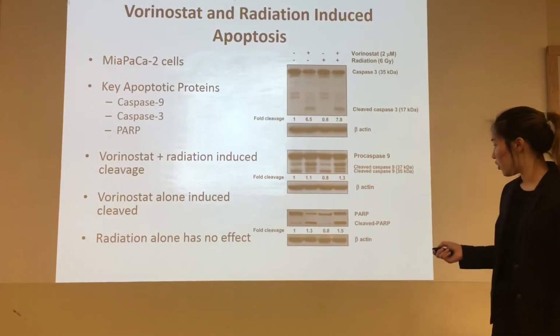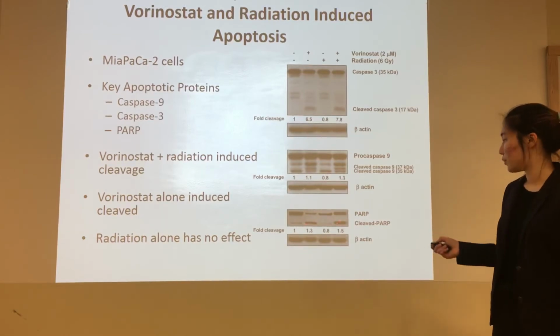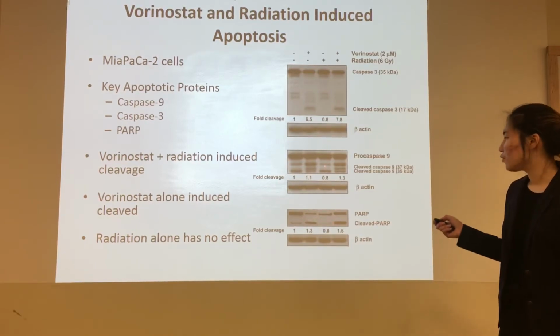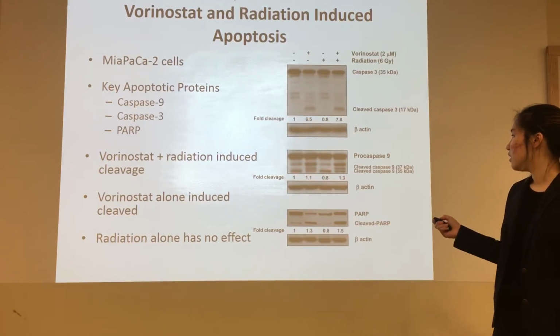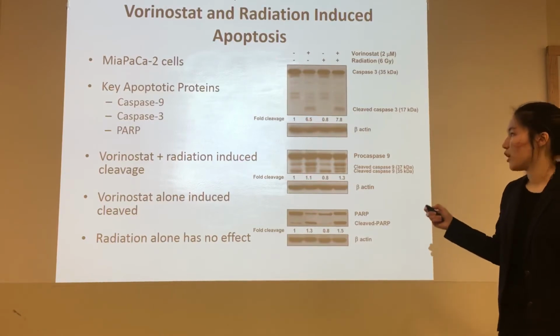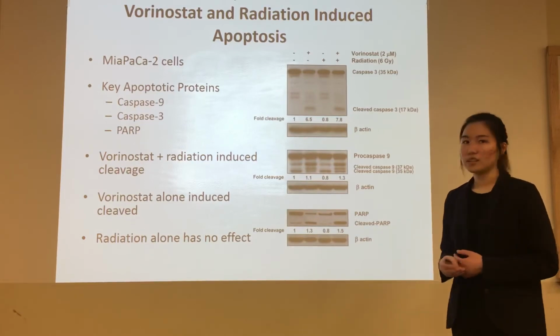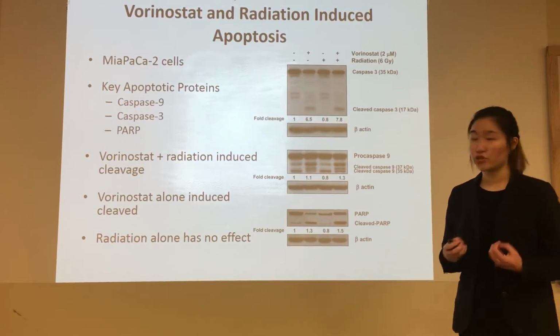The same thing occurred in the PARP apoptotic protein. More cleavage occurred with Vorinostat alone, and with radiation there was not much cleavage. However, the results were a little different in caspase-9. It actually shows that caspase-9 was cleaved even in the control group, which means that it probably gets cleaved even in regular cells, without any treatment.